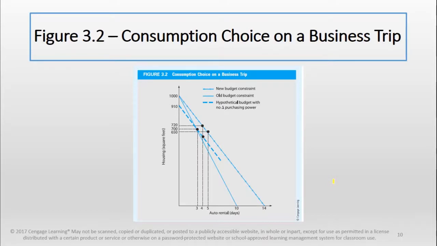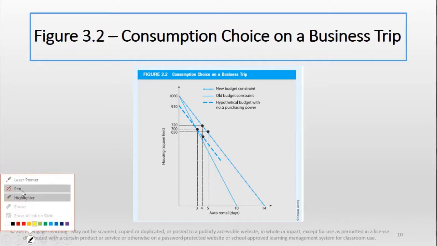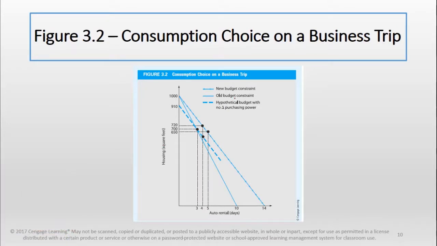So this figure below also shows a shift in your demand, di ba, due to your capacity. So for example, as you can see here, there is an old budget constraint. Let's change this to open first. So there is an old budget constraint, which as you can see here, 10 days rayang rental.